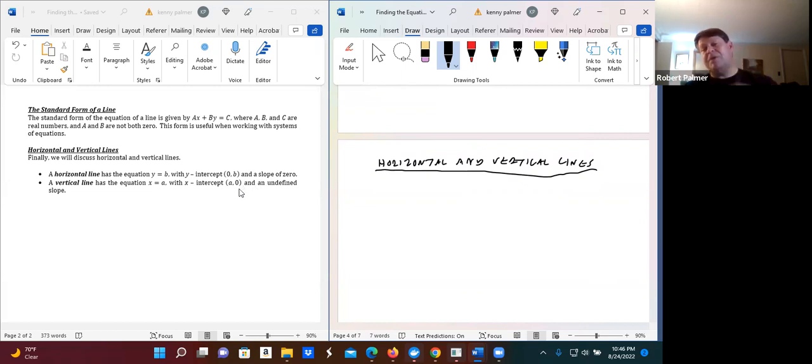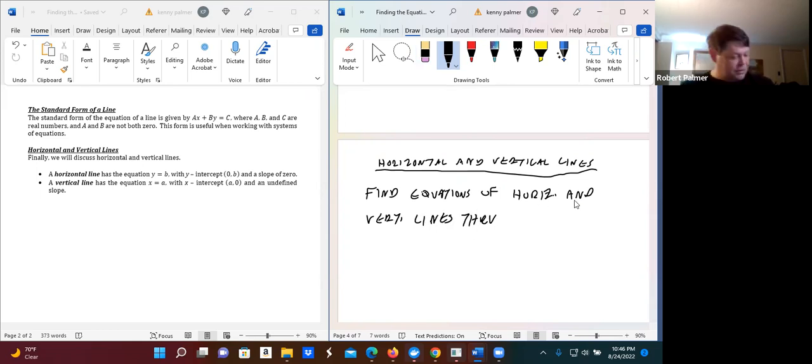So to practice with this, let's find the equations of the horizontal and vertical lines that go through the point, how about we just do 2, 3?